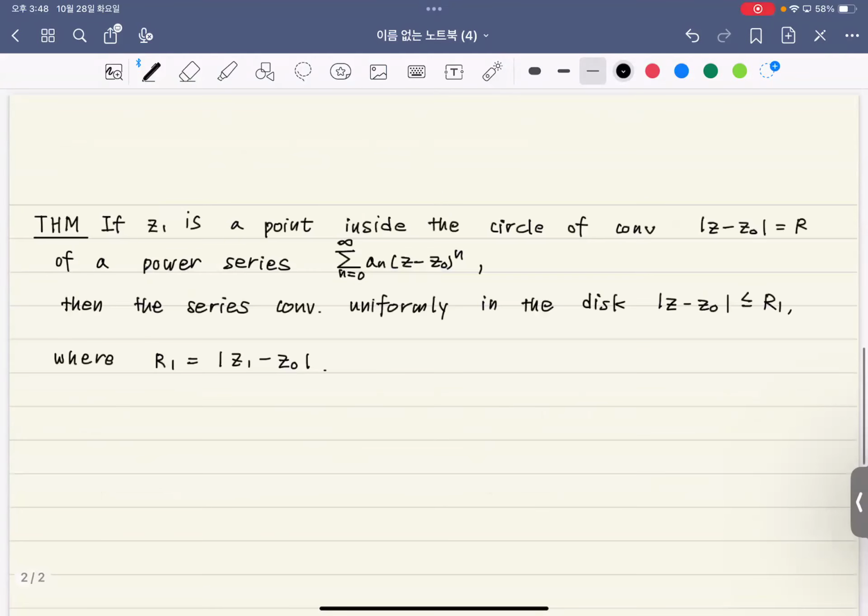First, since we are talking about uniform convergence, I need to make sure what my sequence of functions is.